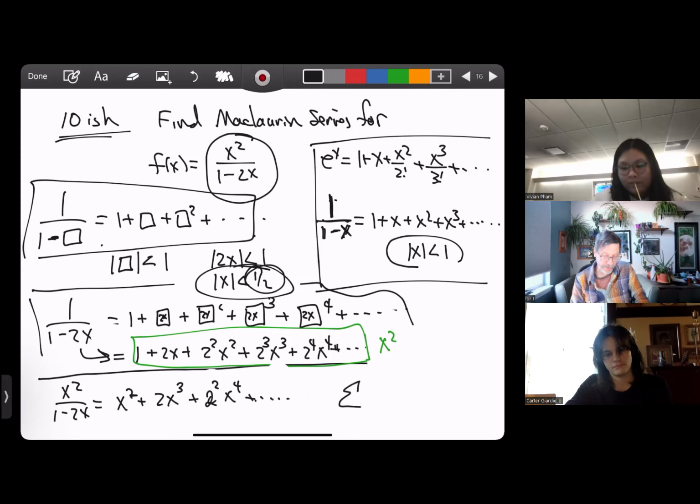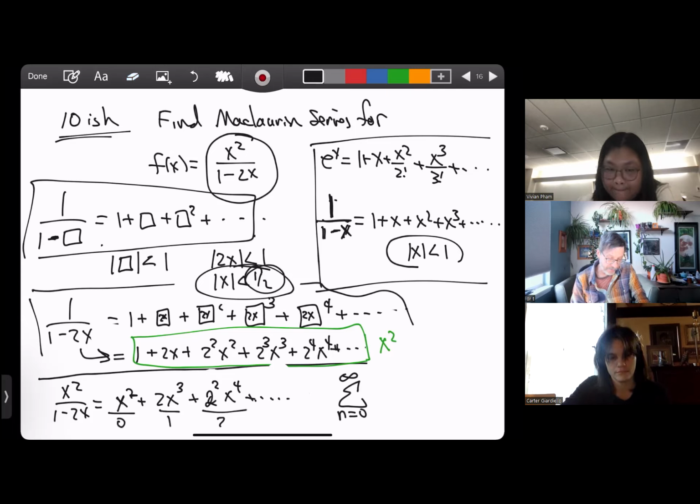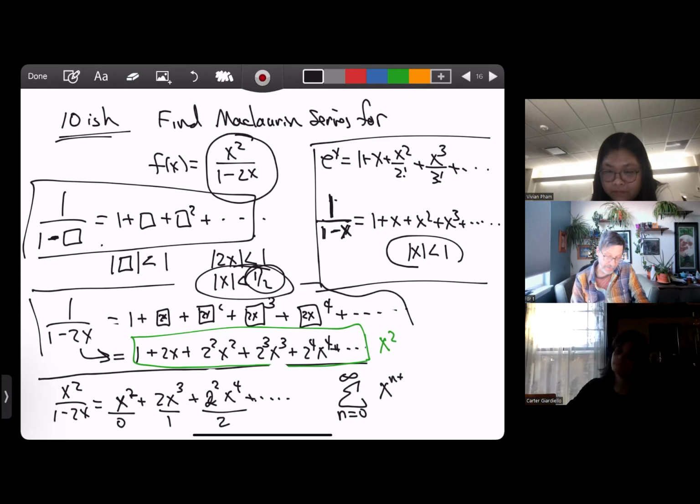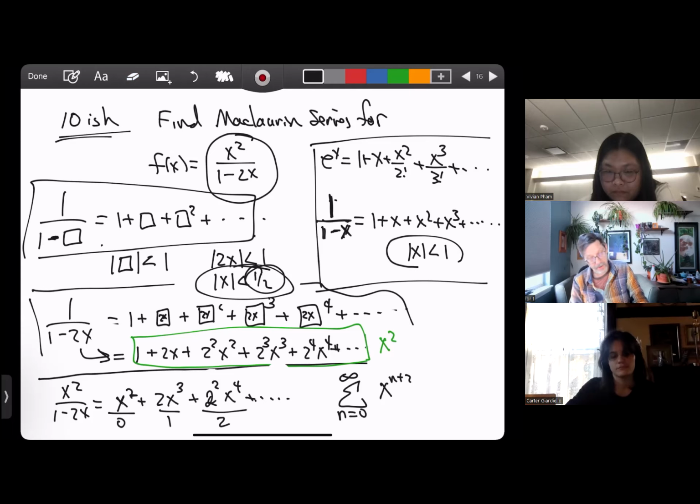This is the sum from n equals 0 to infinity. If this is the 0 term, this is the first, this is the second, it looks like the exponent of x is just the index plus 2. I should say x to the n plus 2, because when n was 0, it was x squared.